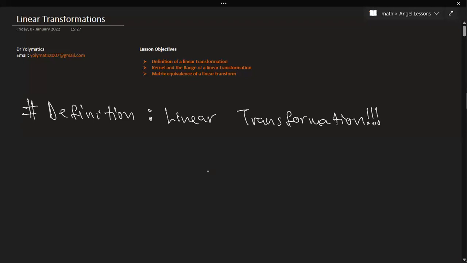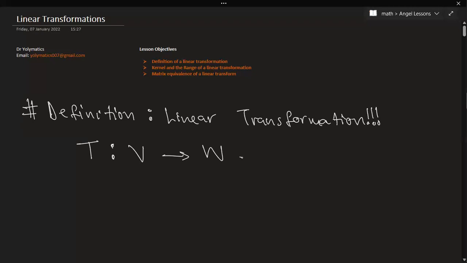A linear transformation T is a map which takes us from one vector space V to another vector space W. When we discuss a linear transformation, you should know that transformations are objects or operators which allow us to move from one vector space to another. So there's some sort of a bridge.